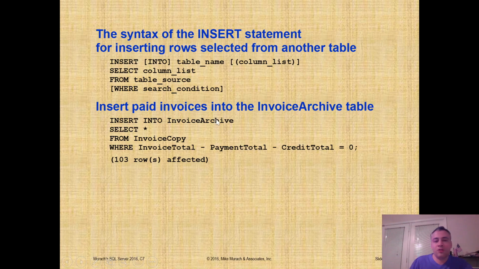So insert into invoice archive, select all from invoice copy where the balance due is 0. So notice that we don't need to have parentheses over here for this subquery select everything and so on.